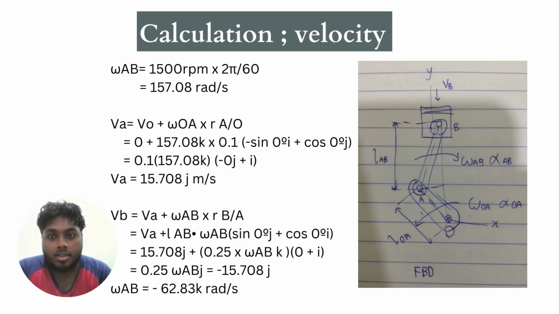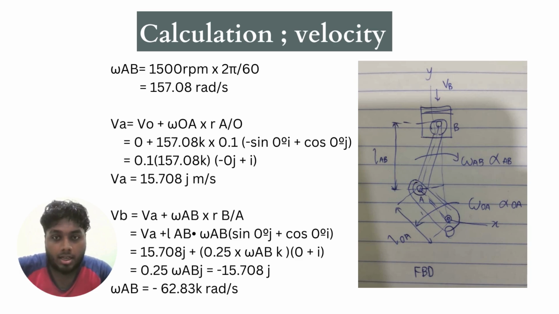Once we calculate it, we get the velocity of A, VA, as 15.708j meter per second. Next, VB. To calculate VB, we take VA plus the angular velocity of AB times the radius.